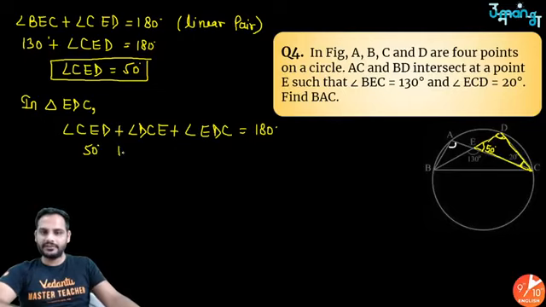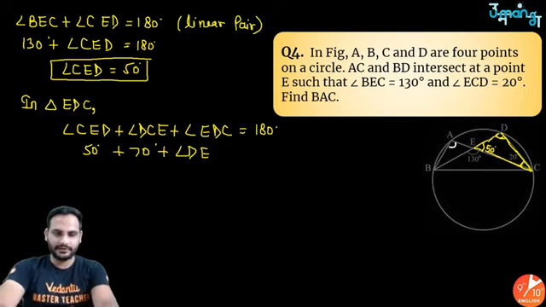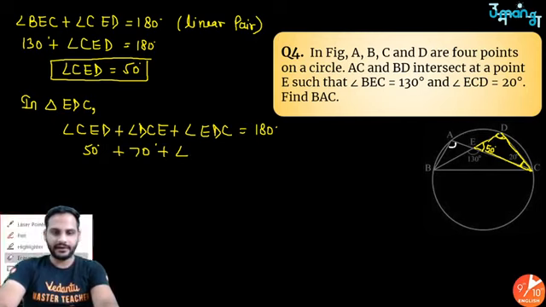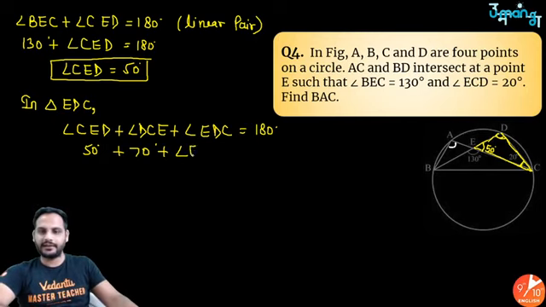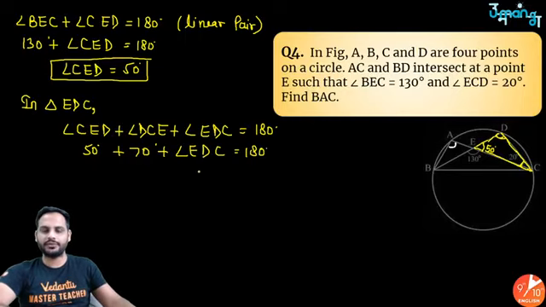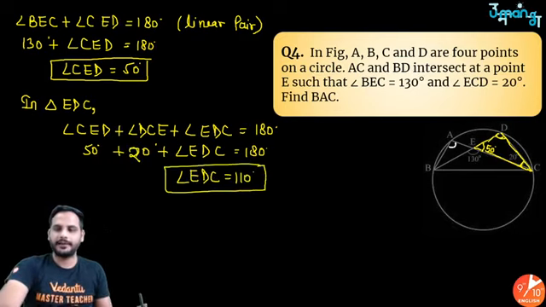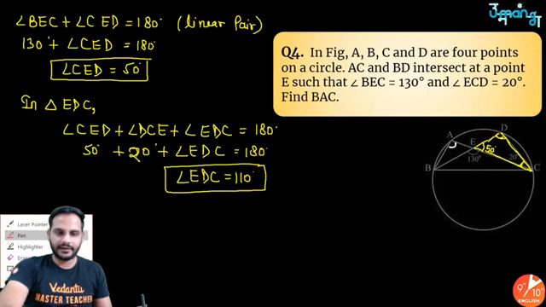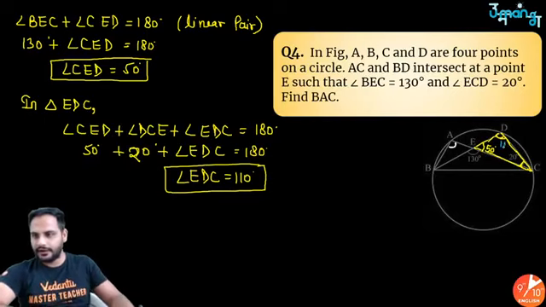CED is 50, DCE is 20, plus angle EDC I will find out over here. So plus angle EDC will be equal to 180 degrees. Sorry, 50 plus 20 is 70. Shift, 180 minus 70 is 110. So angle EDC is equal to 110 degrees. Okay, sir. Angle EDC is equal to 110 degrees.